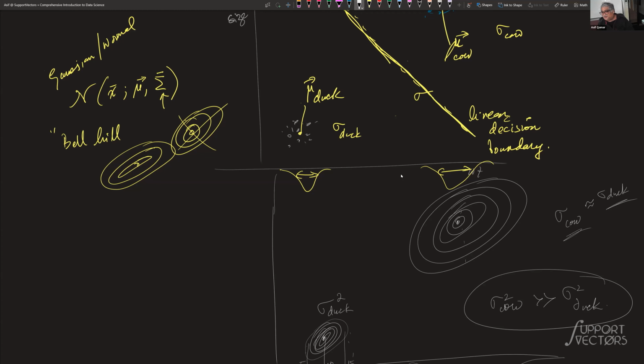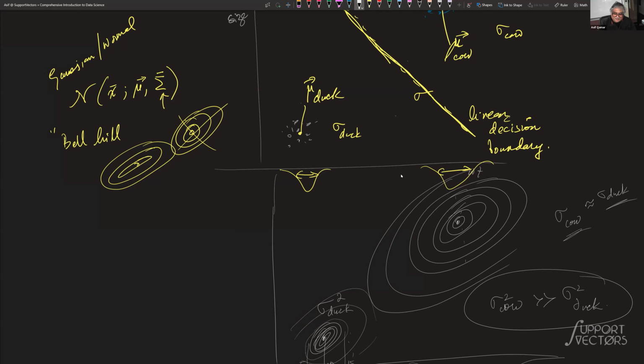When you have that situation, just in your mind's eye, try to work out what will happen to the decision boundary. Where will the decision boundary get constrained? You realize that it will not be a straight line anymore. Now let us use our imagination about which way it will lean.